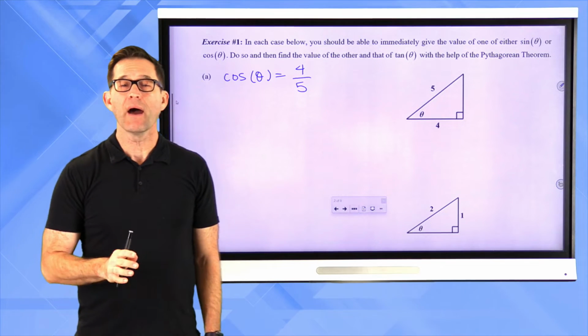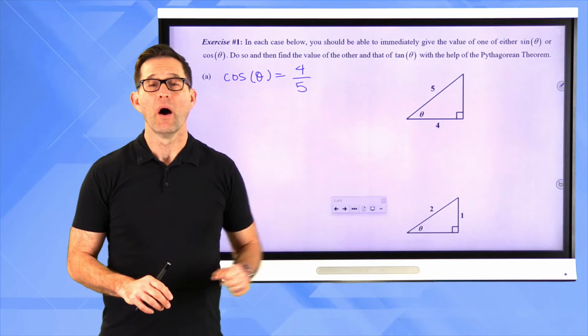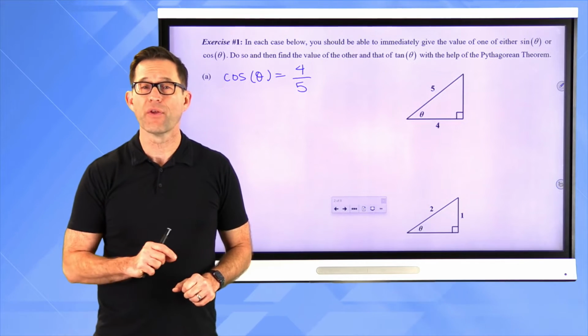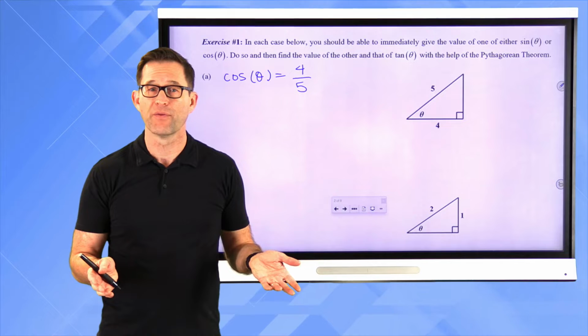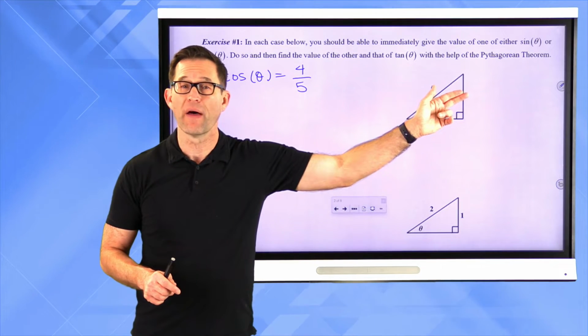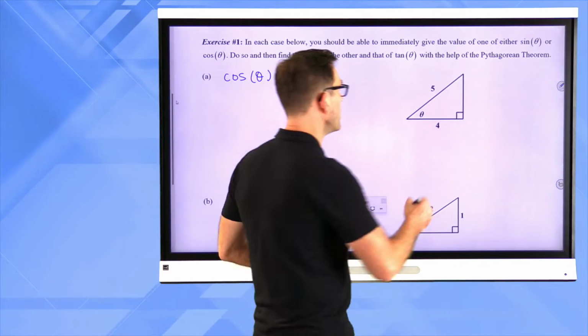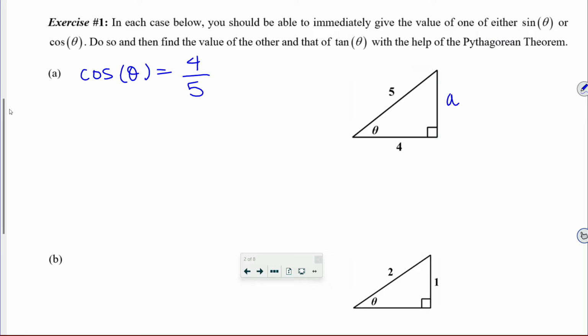Great. Now, anytime we have a right triangle and we know two of the sides, we can always find the third side using the Pythagorean theorem. Many of you can probably just look at this and already know what that third side is. But say that you don't, maybe I'll call it A, then I could easily say that A squared plus 4 squared is equal to 5 squared, which means A squared plus 16 would be equal to 25.